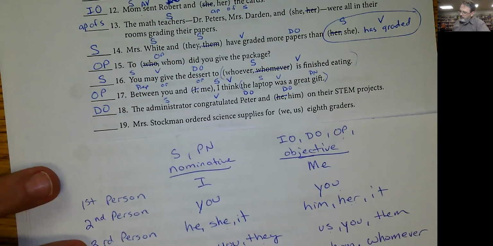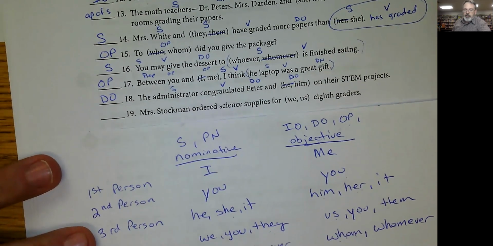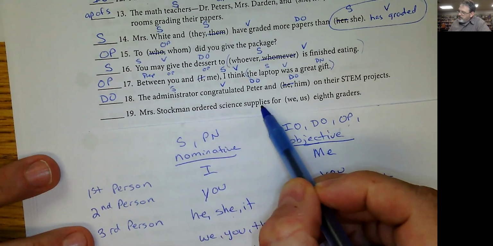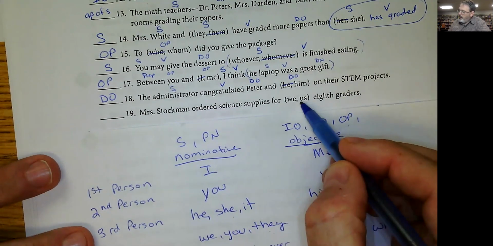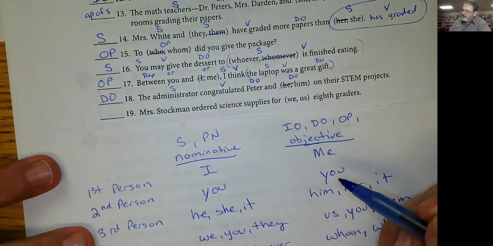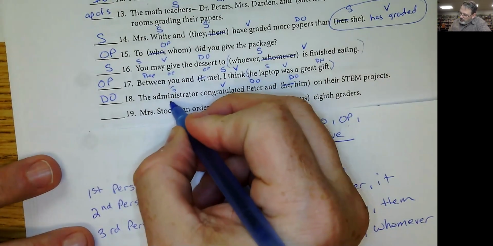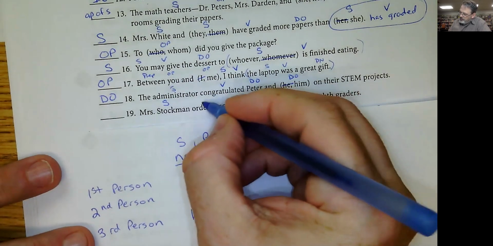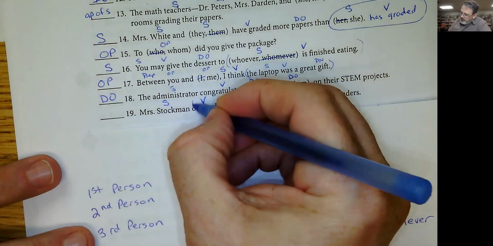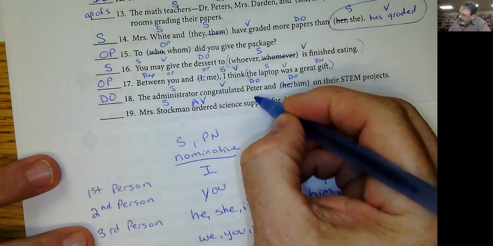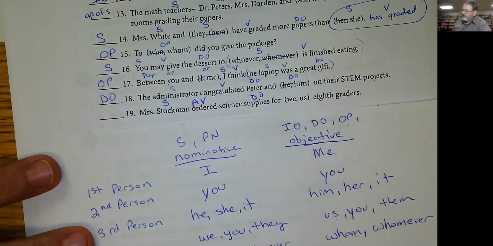And then the last one, Mrs. Stockman ordered science supplies for we or us 8th graders. Okay, so Mrs. Stockman is the subject, ordered is the verb. That's an action verb, isn't it? What did she order? Supplies, direct object.